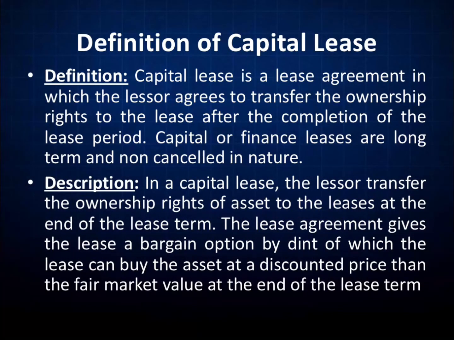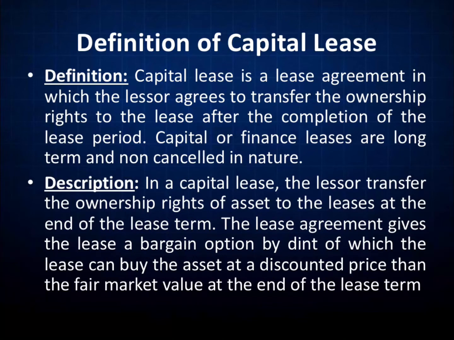Definition of capital lease. Capital lease is a lease agreement in which the lessor agrees to transfer the ownership rights to the lessee after the completion of the lease period. Capital or finance leases are long-term and non-cancellable in nature.